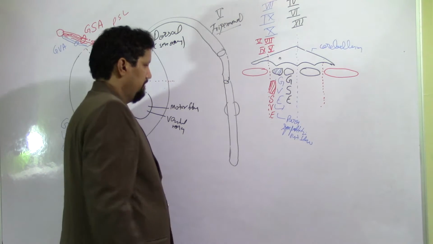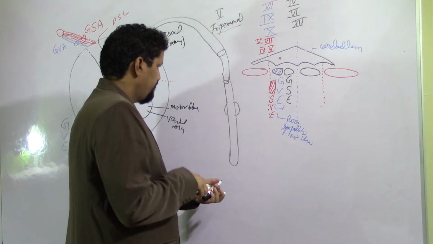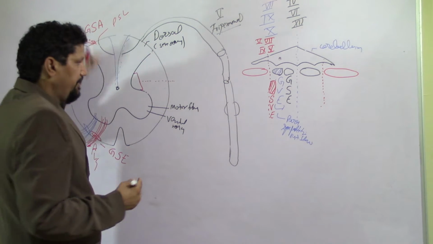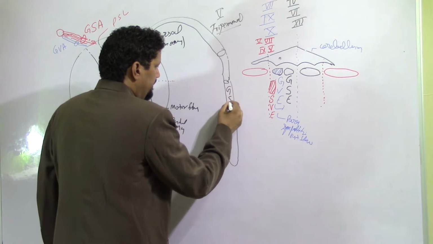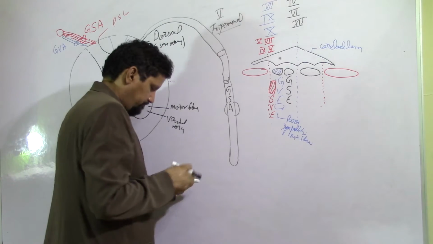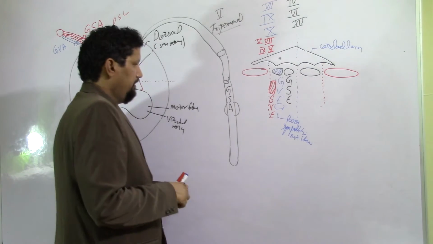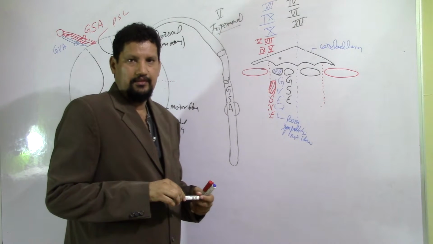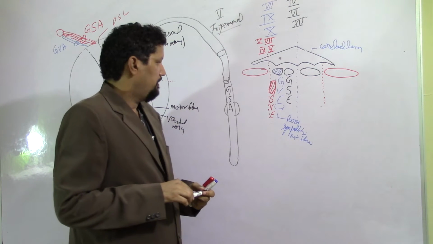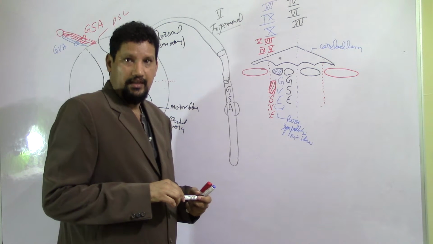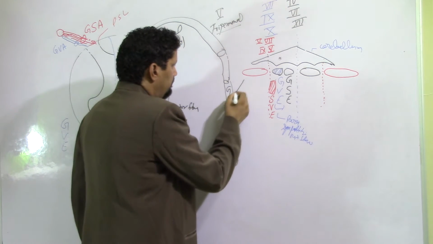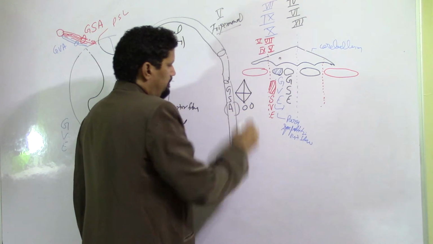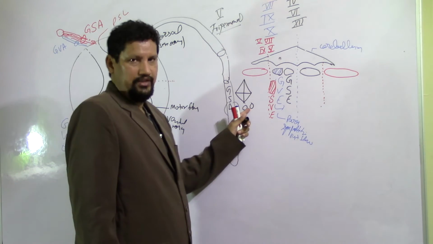This nucleus has the component of general somatic afferent, and one very special somatosensory or special somatic afferent, in the form of vestibular nuclei and cochlear nuclei.